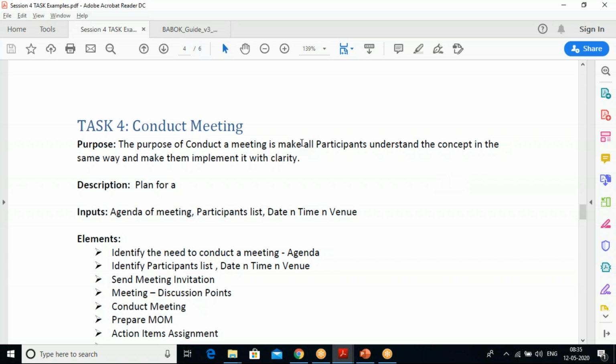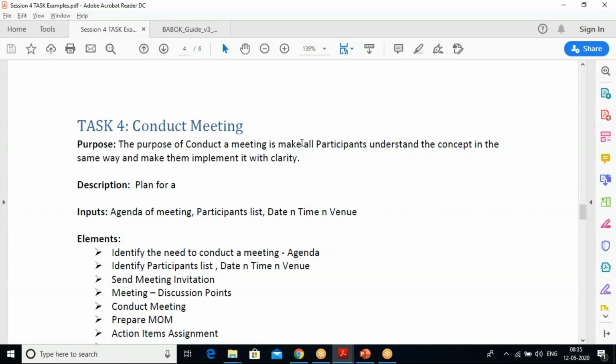And the description of conducting a meeting, if you want to understand how we conduct a meeting, is that initially we will have one platform to conduct it, either online or in a conference room. Then we should have the agenda for what we are conducting the meeting for, and we will communicate the meeting, and while communicating there are various techniques we can use.